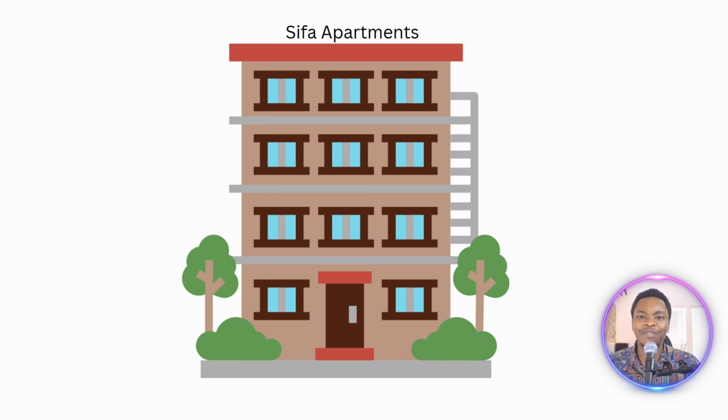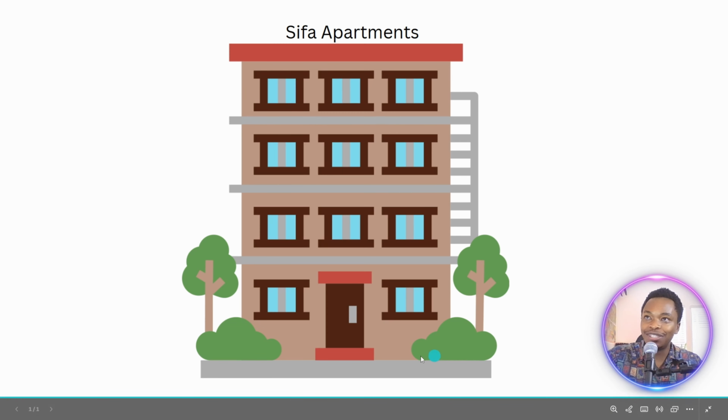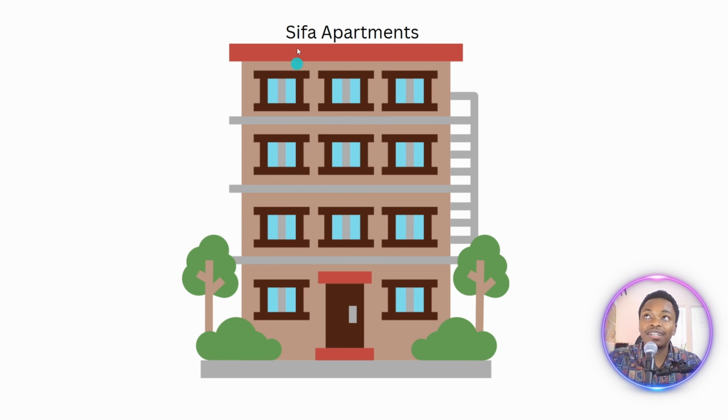Sasa nishafika Sifa Apartments, so imetoka kwa internet. In short, unajua sasa internet ndio huyo mtu wa Ndudhi akikam akileta food, huyo mtu wa Uber akikam akileta food, sasa hiyo tuseme ni anatoka kwa internet. Akishafika external IP yako, so yake tu akikam anakam na external IP, anakuja kwa Sifa Apartments, that's our external IP.